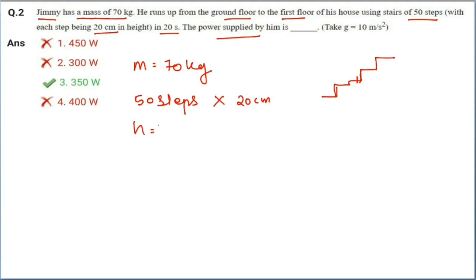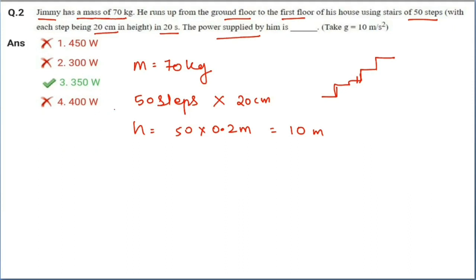So height is equal to 50 steps into 20 centimeter, that is 50 into 0.2 meter, that is 10 meter. Height is 10 meter.